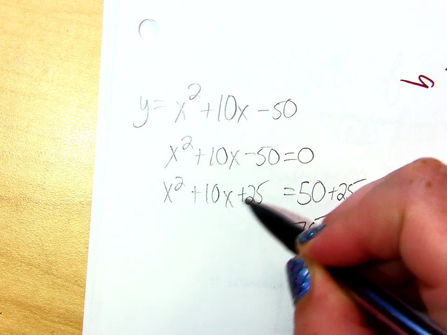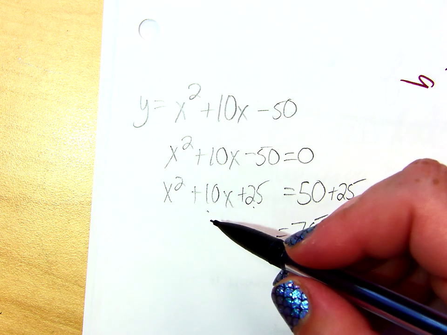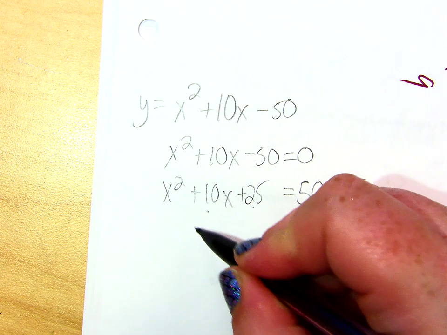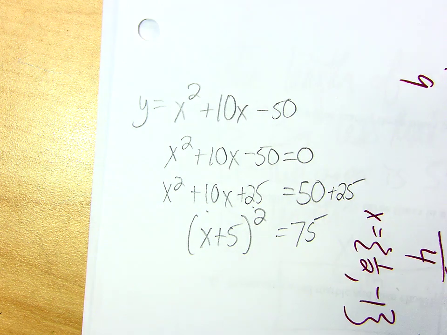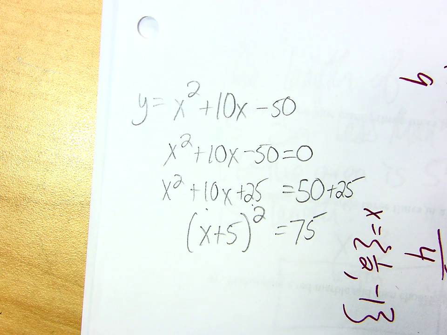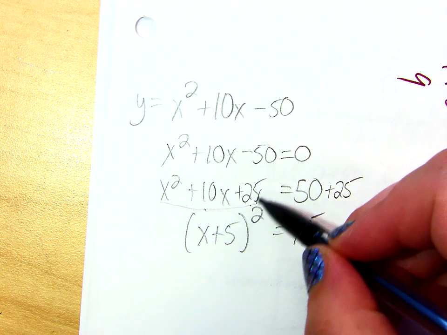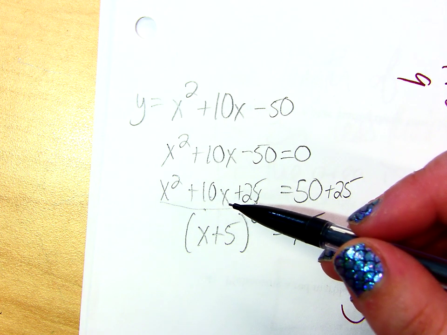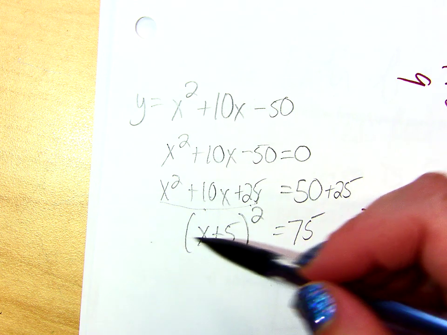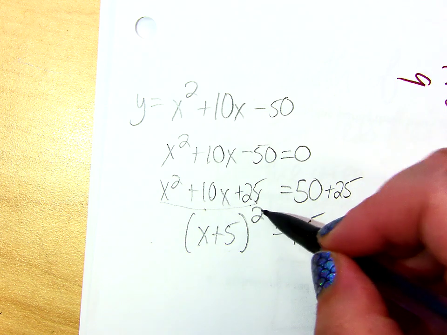There are factors of 25 that add to 10, and it's 5 and 5. It's always the same two. So I write x plus 5 squared. You're just factoring this side. Instead of writing x plus 5 times x plus 5, we just write x plus 5 squared.